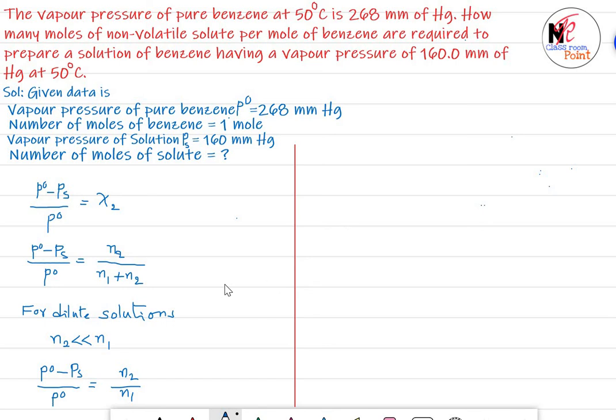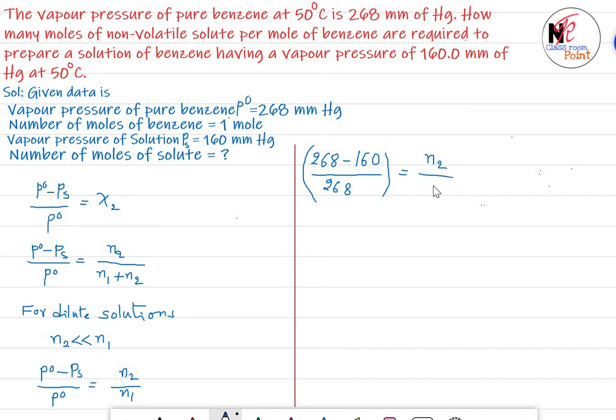Now let us substitute all the given data in this formula. P naught value is 268 millimeters of Hg. I am not taking the units because in the relative ratio of pressures they cancel. So 268 millimeters of Hg minus PS, 160 millimeters of Hg, divided by again 268 millimeters of mercury, equals the number of moles of the solute, which is to be calculated, that is N2.